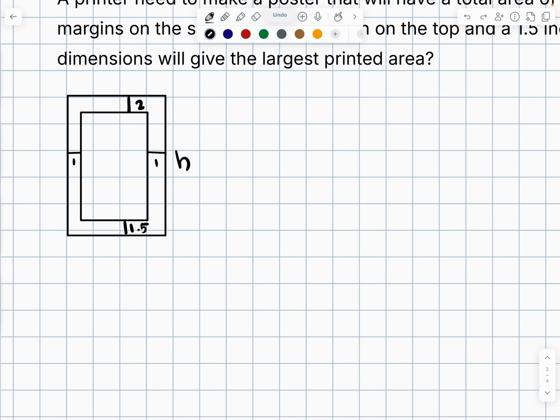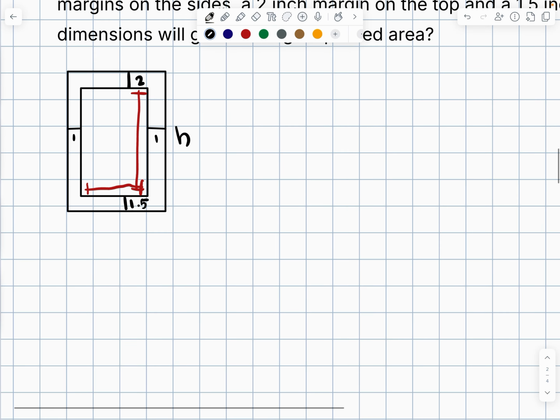Let me use a different color. So we're trying to figure out this side and this side. Okay, so we labeled this side as H. We'll label this as W. Okay, so that's this current side right now. Right?